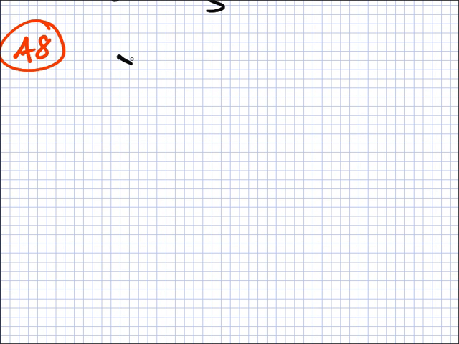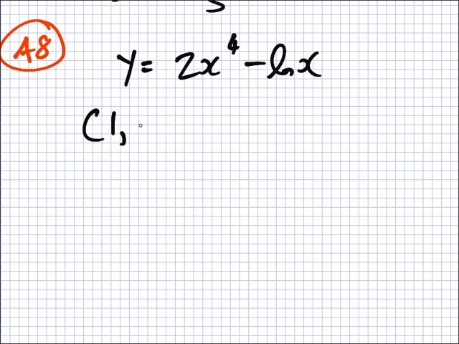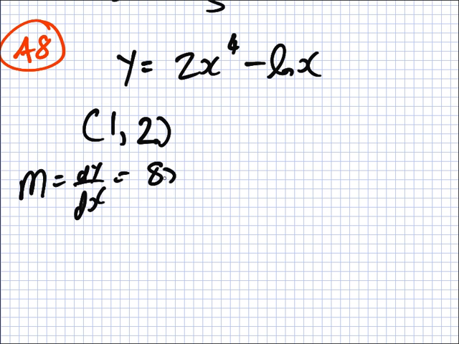A curve is given by the equation y equals 2x to the power 4 minus log x, and we want the tangent at x equals 1. So first I might as well find the coordinate. When x is 1, y will be 2, by subbing in 1, you'll have 2 minus 0. The gradient m is dy/dx, which will be 8x cubed minus 1 over x.